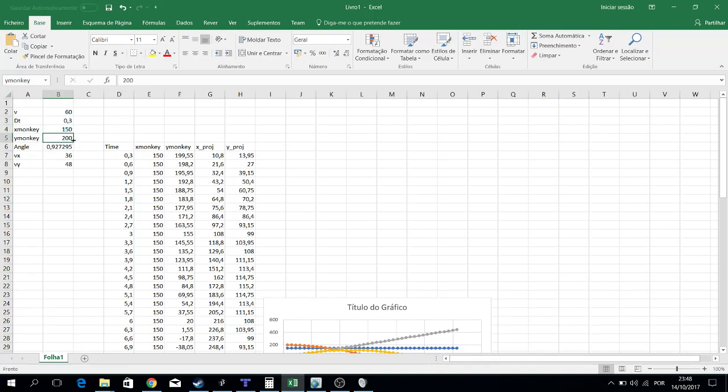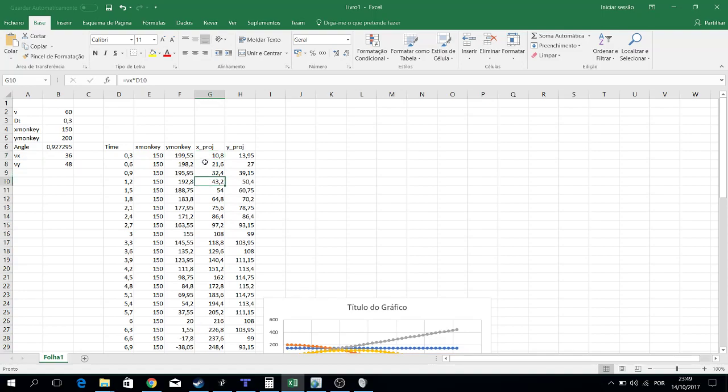X monkey and Y monkey, this is their starting positions. Then we actually act on it here. Not the X monkey, because it will be the same, we talked about that. If you notice, this is basically the same thing as what we saw before. The difference is that Y monkey is this value, and D7 is the same, it's Vx.